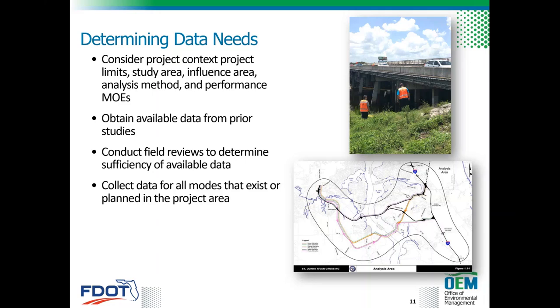The FDOT project manager and the project team must gather all existing available traffic information from FDOT databases, from past studies, prior projects, and other analysis performed within the project area. This information is essential to understanding general knowledge of the project area and identifying any gaps in data that must be included in the data collection plan for the project.